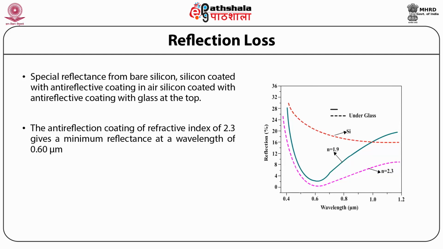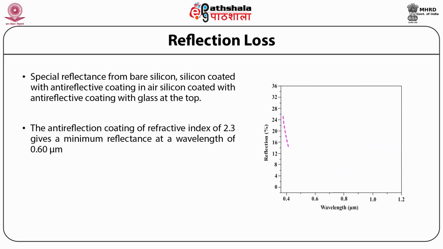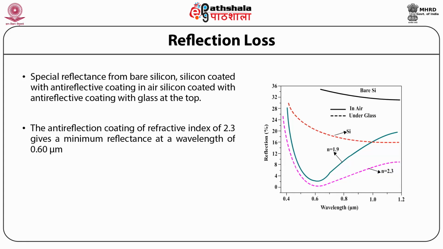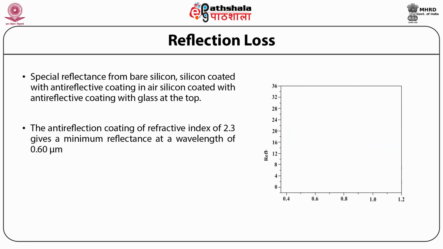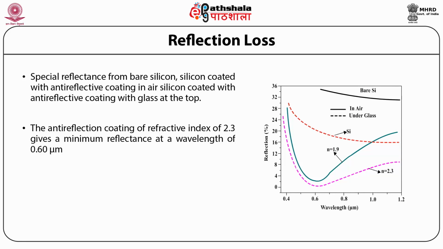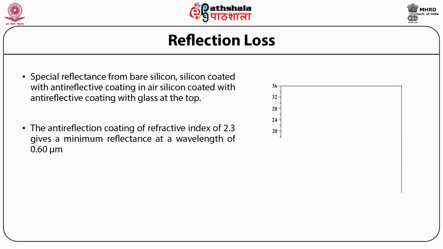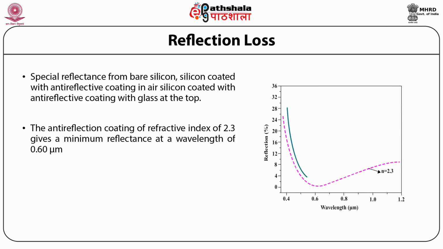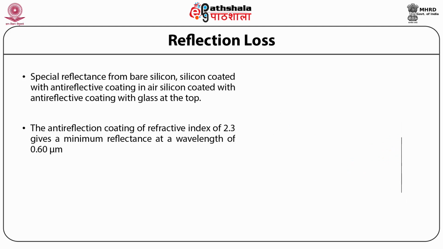The reflectance can be further reduced by using multiple layer coating. Another procedure that can help in reducing the reflection is to use a textured surface on the face of the cell material through a selective etch.